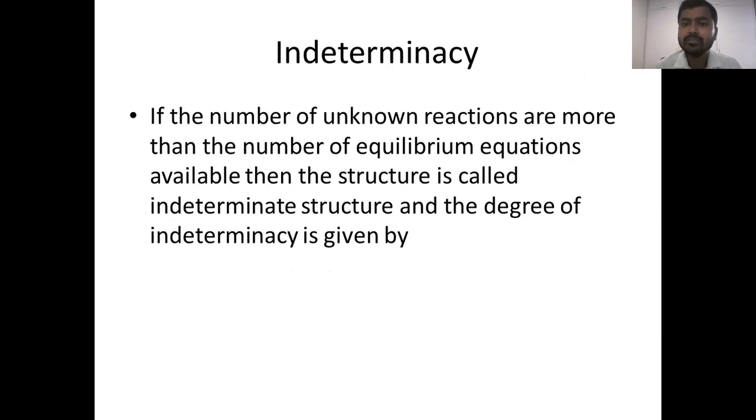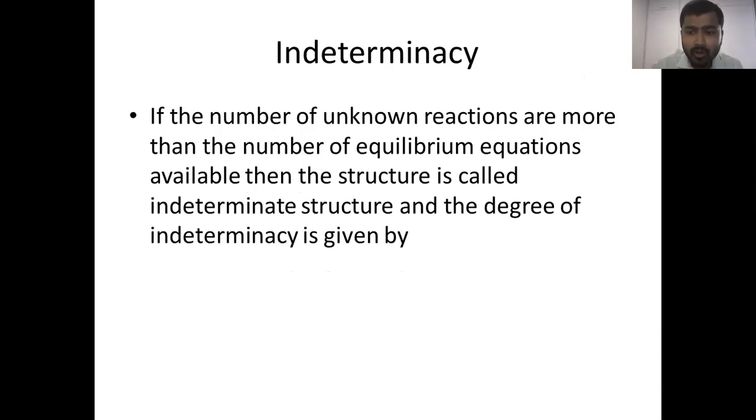If the number of unknown reactions is more than the number of equilibrium equations available, then the structure is called indeterminate. The same thing I have explained. If I have 4 equations or 5 equations, but the equilibrium equations are only 3, I can't solve that structure. Yes or no? Then that structure is known as indeterminate.